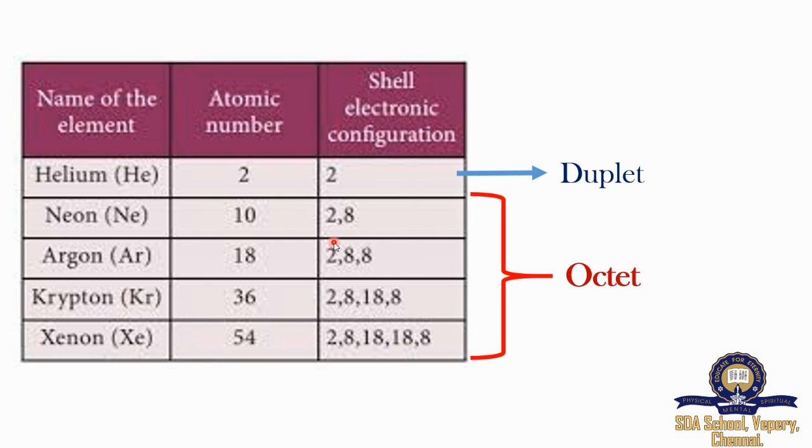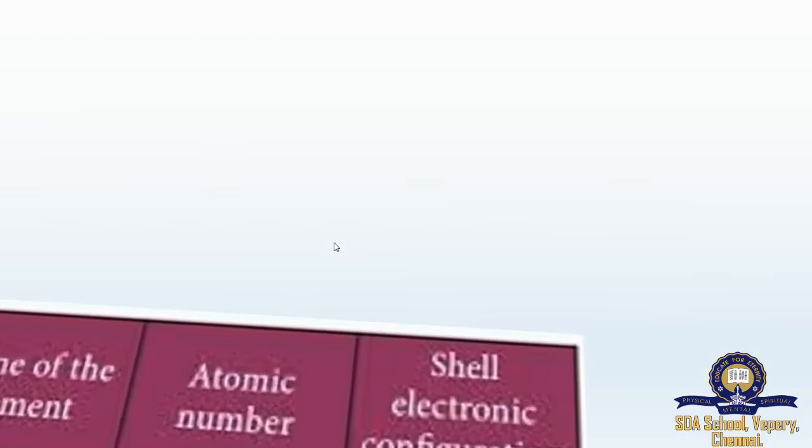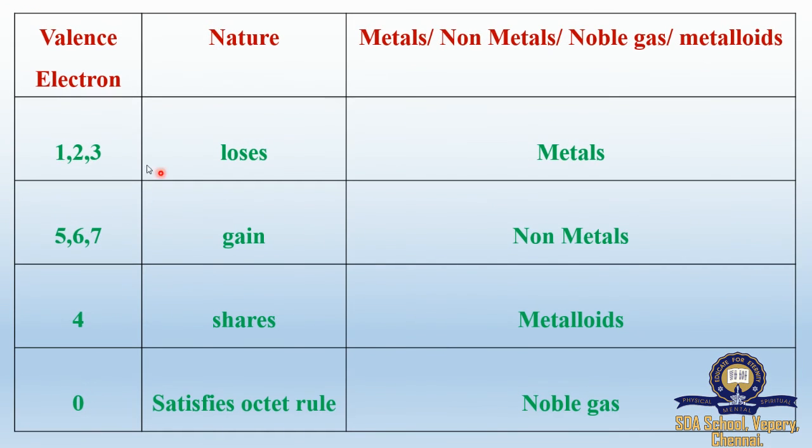Whenever elements have 1, 2, or 3 valence electrons, they lose electrons in order to satisfy the octet rule. Such elements are known as metals. Whenever elements have 5, 6, or 7 valence electrons, they gain electrons in order to satisfy the octet rule. Such elements are known as nonmetals.